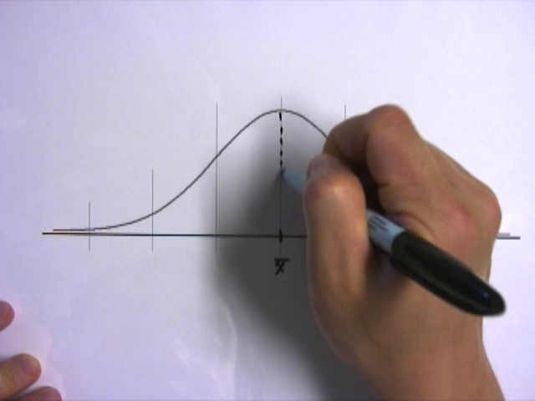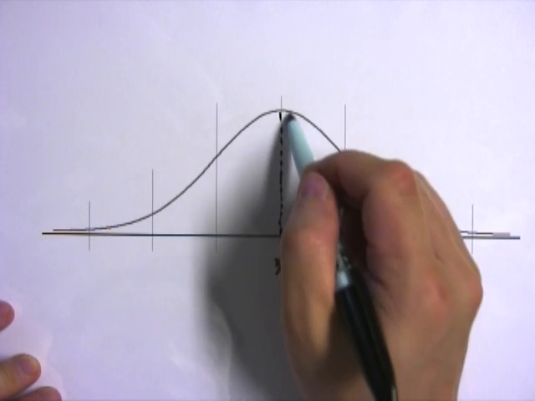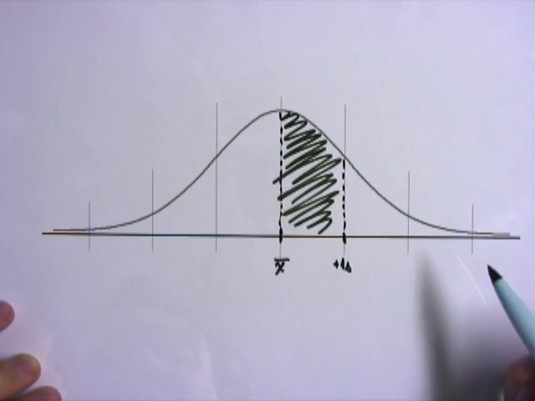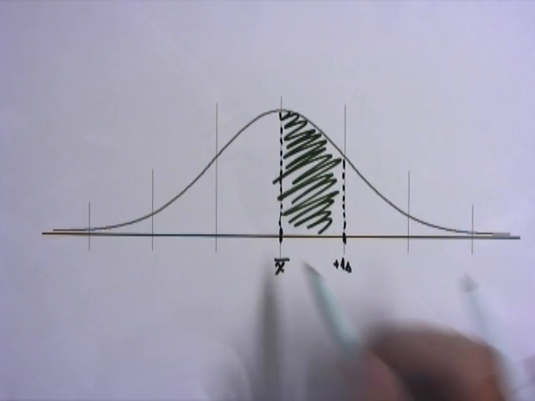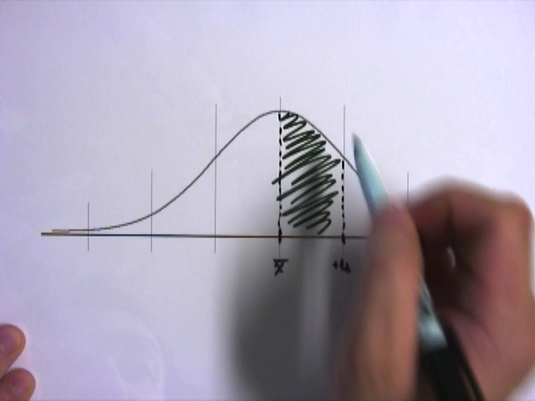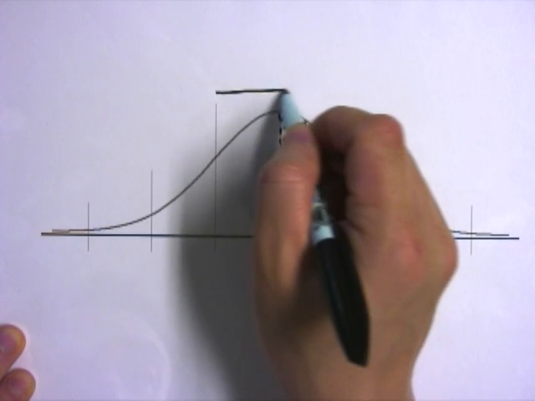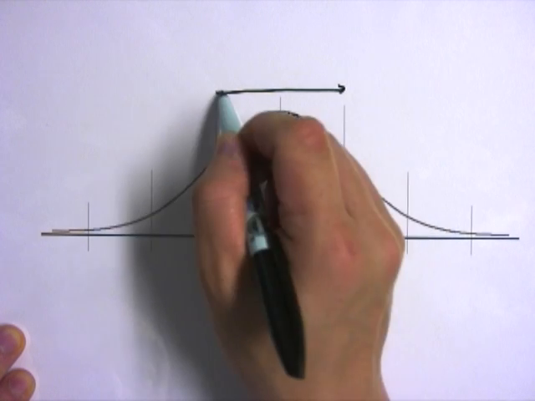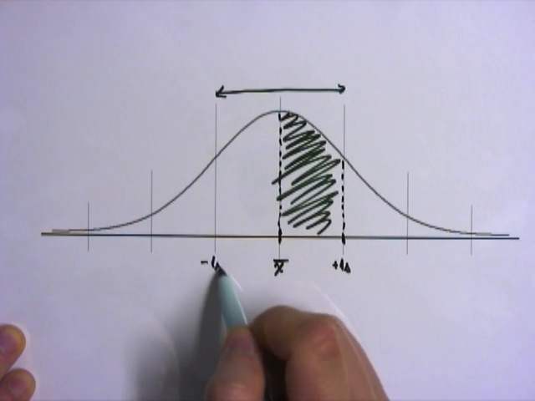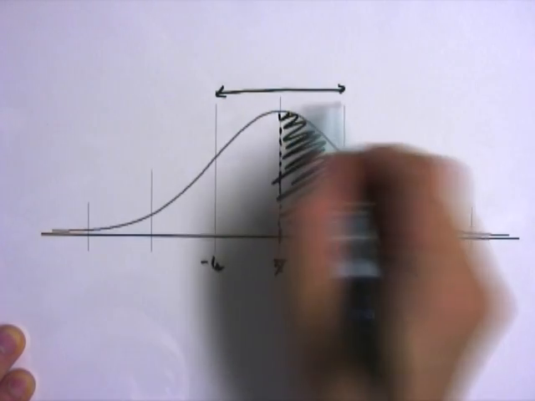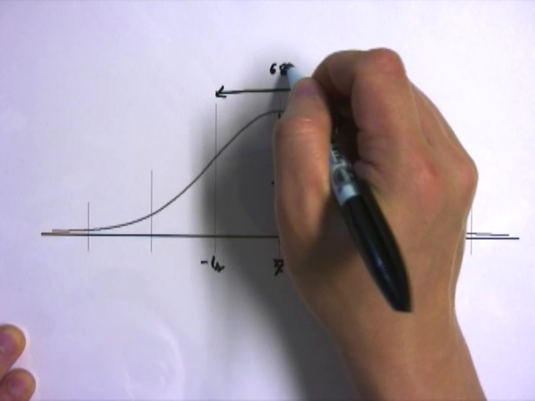that I am about to shade right now, this interval, if you compare it according to the empirical rule, the interval all the way from 1 standard deviation below the mean up to 1 standard deviation above the mean contains 68% of data.